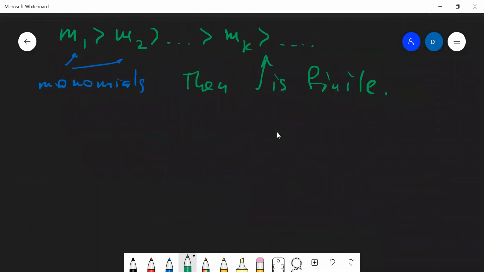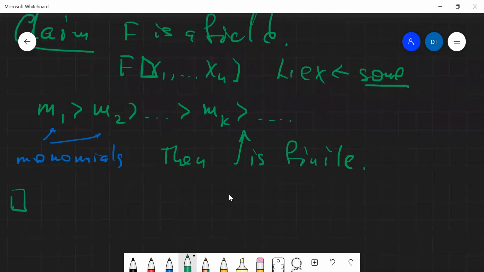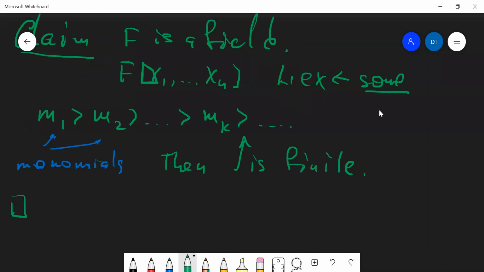Okay, so let me prove the claim. Suppose the contrary holds. Oh, by the way, before proving this, let me explain one trick. I told you that we're given some lexicographical order. It means that we fix an order on the set of variables and then consider the corresponding lexicographical order.